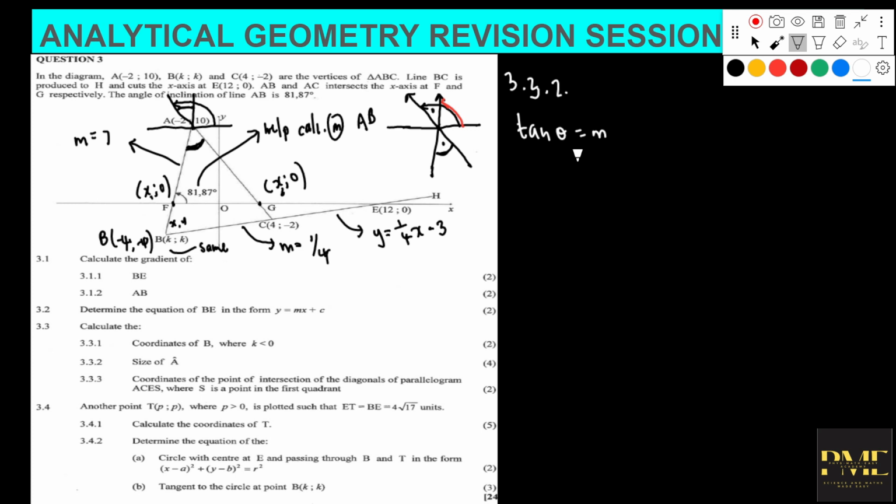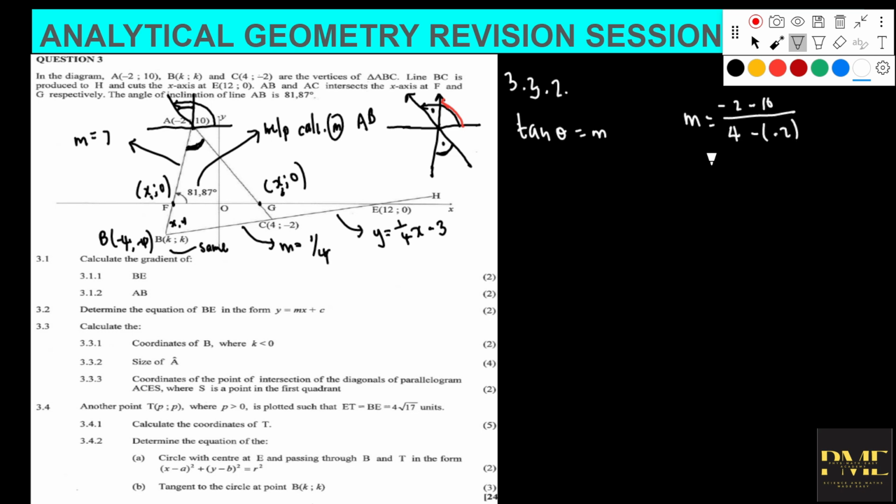Let's calculate our gradient quickly this side. So m is equal to y2 minus y1, which is going to be minus 2 minus 10, all over x2 minus x1, which is 4 minus minus 2.